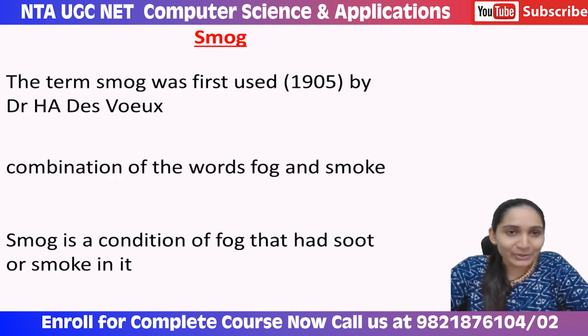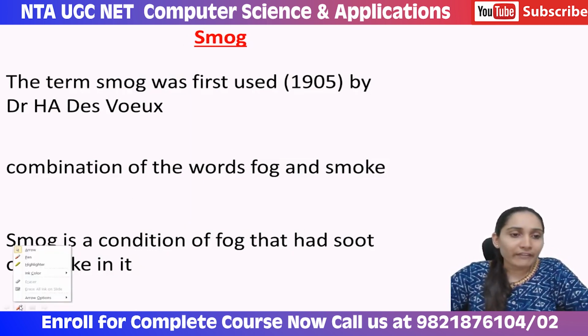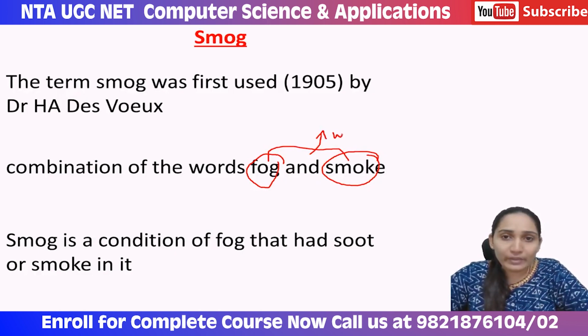Okay, we will start with smog. We have already learned that smog is a combination of two things, fog and smoke. That is why smog is mostly seen during the winter season. Especially when we talk about air pollution in Delhi, smog is one of the most important factors during the winter season.